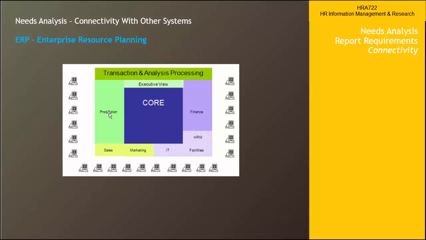Production would have its stuff. Materials management, inventory, warehousing. Sales has CRM. Marketing has marketing information system. IT has theirs. HR will have everything integrated inside. So slowly over years, you get rid of all your other systems, grab the data, put the data back in, and the look and feel stays the same.